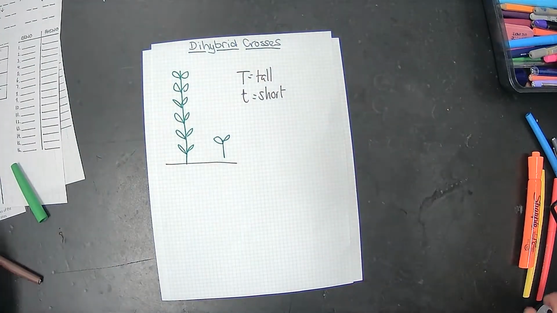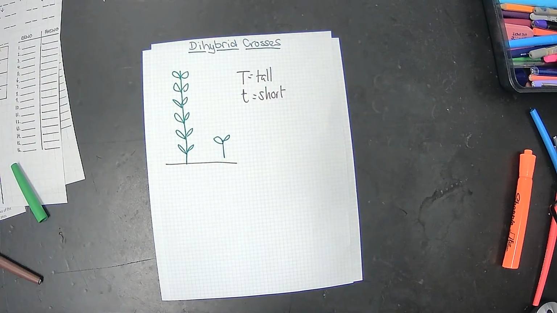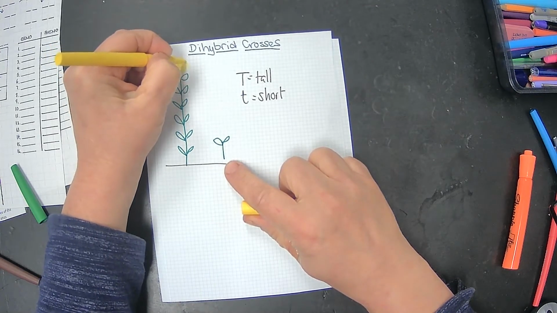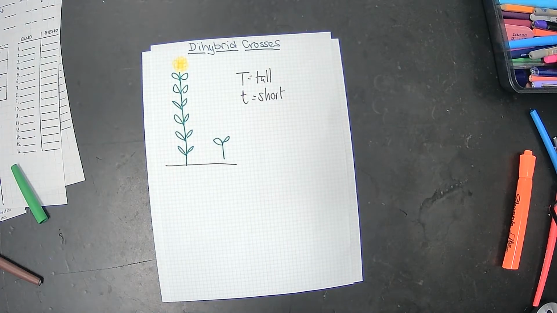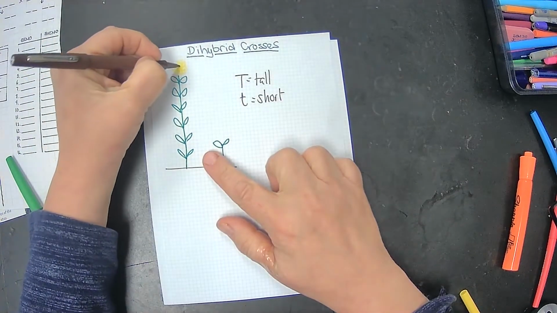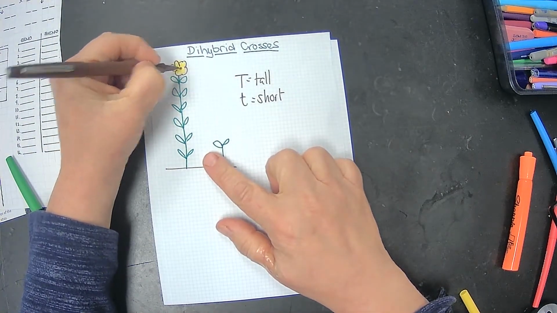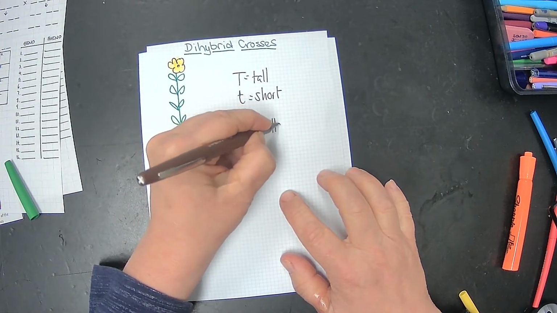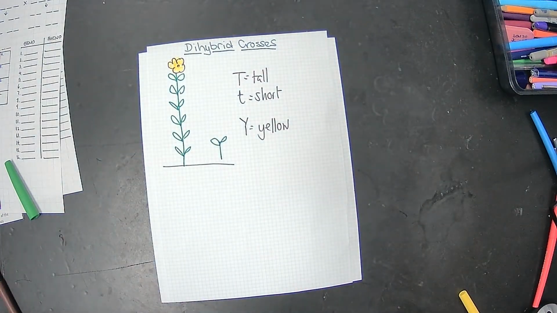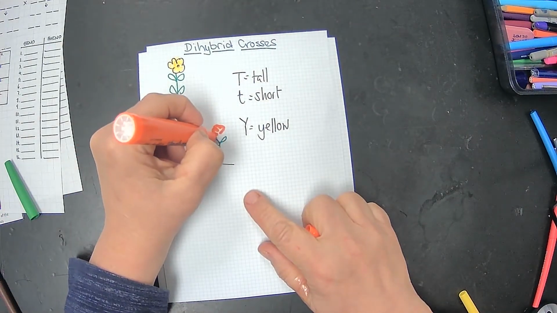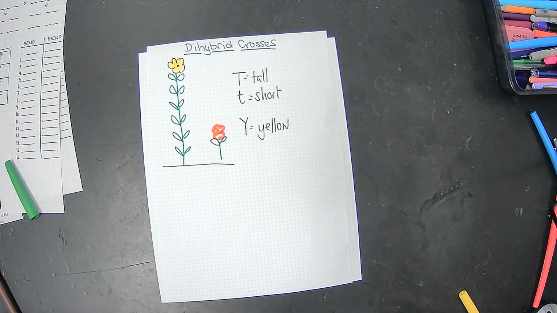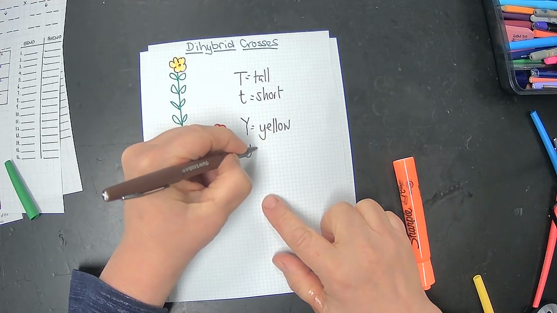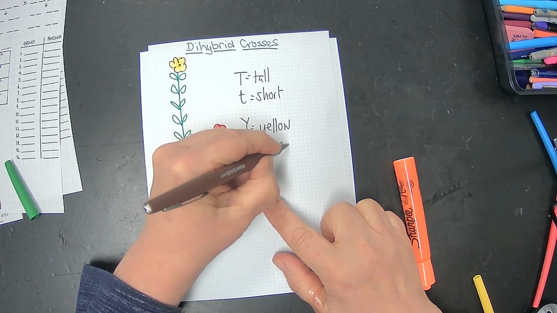Now, the other characteristic about sunflowers is that most of the time, we think of them as having yellow flowers, don't we? So big Y is yellow flowers. Yellow flowers are dominant to orange flowers, which we're going to have as little y.